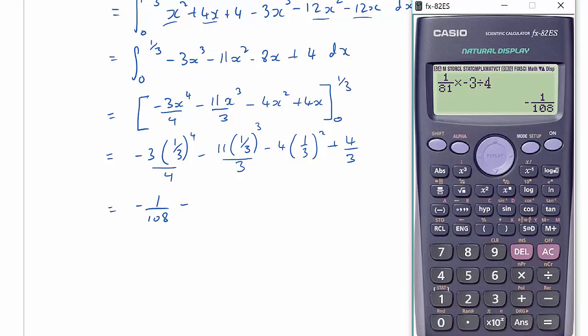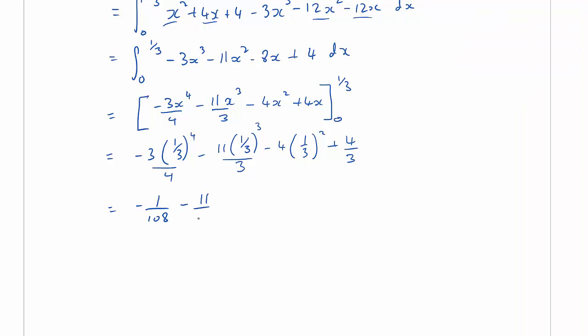And then we've got a third cubed, which is 1 over 27, and we're multiplying that by 11 and dividing by 3, which is 11 over 81, and then this one's just going to be 4/9, add 4/3.